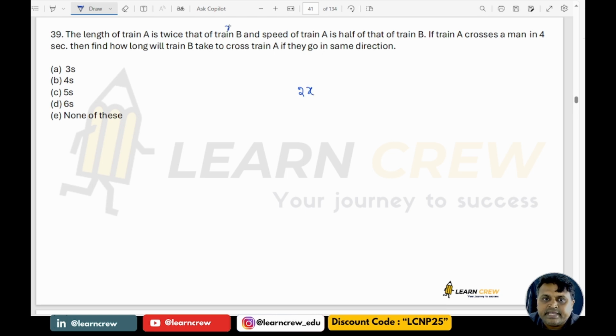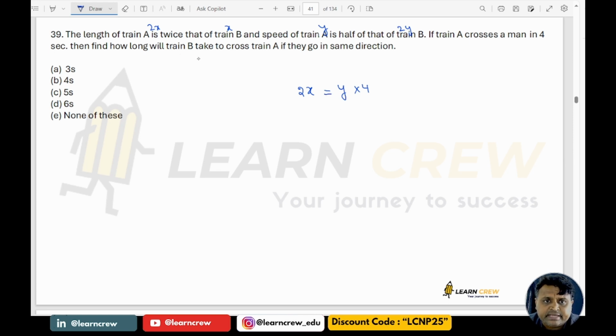If train A crosses a man, and speed of train A is half of train B, train B speed is 2y, train A is y. So distance is equal to speed into time. Speed into time: 2x is equal to 4y.